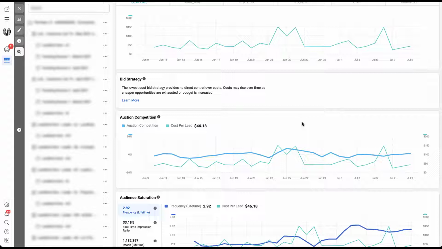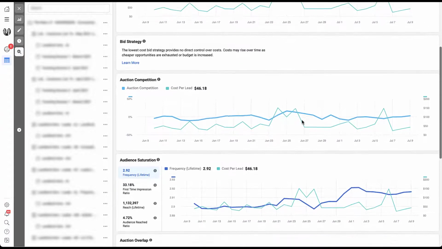So if all your charts look white like this, that means that any change you made during the time period that you're reviewing performance for, there were no significant edits and the campaign was not in the learning phase. So I just want to call that out as well for anybody who might be thinking maybe the learning phase is why performance wasn't as good for those days. That would not be the case here because there was no learning phase.